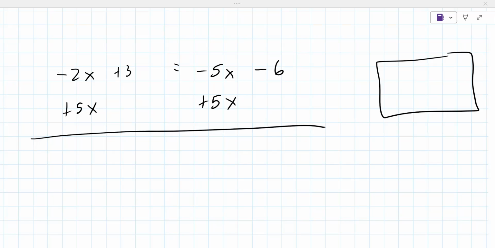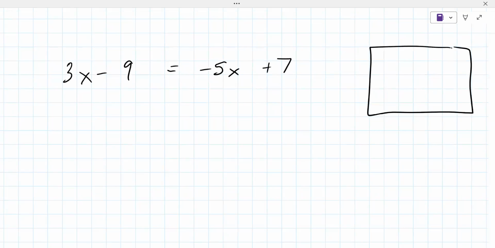X equals -3. Yeah, that's perfect. Really good. Okay, doing great today. I really appreciate the effort. So let's see if we can get one more in here before we close out. This won't be too bad. So let's go with 3x minus 9 equals minus 5x plus 7. So go ahead and give that a try, please, and let me know what you come up with.